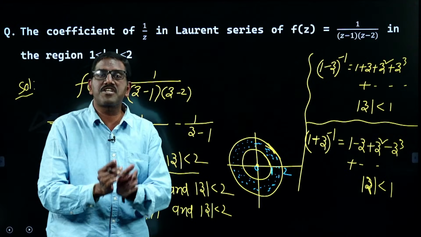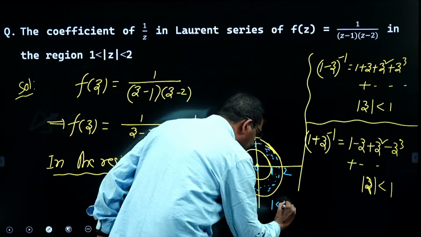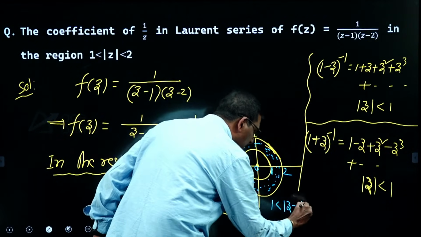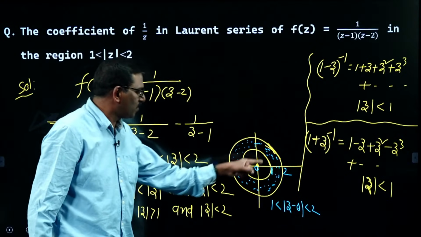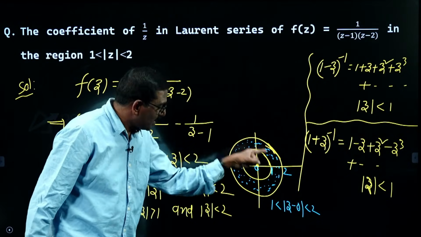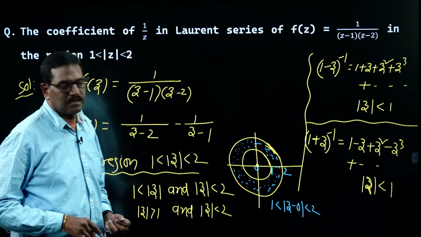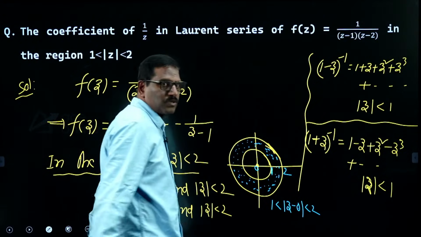Annulus means ring shaped region. So, we can denote it as 1 less than mod z minus a less than 2, with center 0. Here 0 is the center. 1 less than mod z less than 2 means all values of z which lie between these two concentric circles, above the radius 1 and below the radius 2.